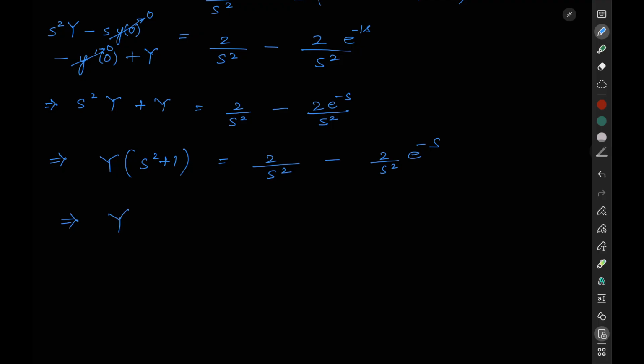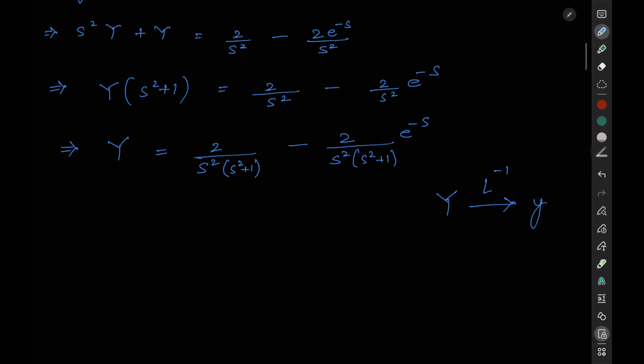So capital Y, that is Y as a function of s, will become 2 upon s square into s square plus 1, minus 2 upon s square into s square plus 1, into e to the power minus s. Now from Y we have to get y as a function of t, so we will take Laplace inverse on both sides.